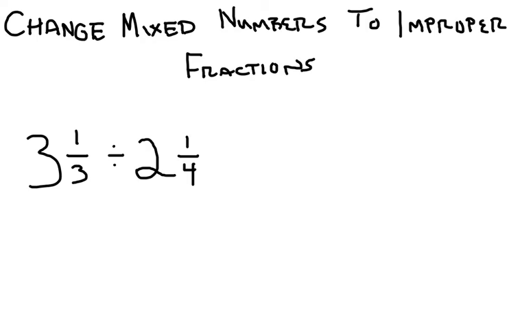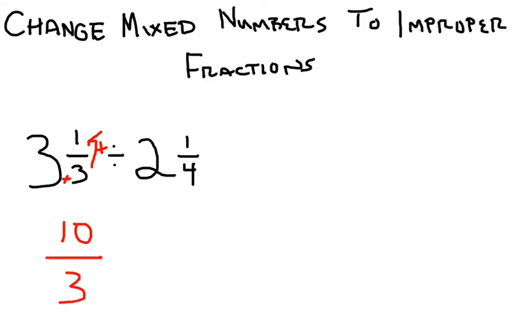Mixed numbers. What we're going to do with mixed numbers is change those into improper fractions. To change it to an improper fraction, I need to multiply the whole number by the denominator and then just add the numerator. So 3 times 3 is 9, plus 1 is 10.